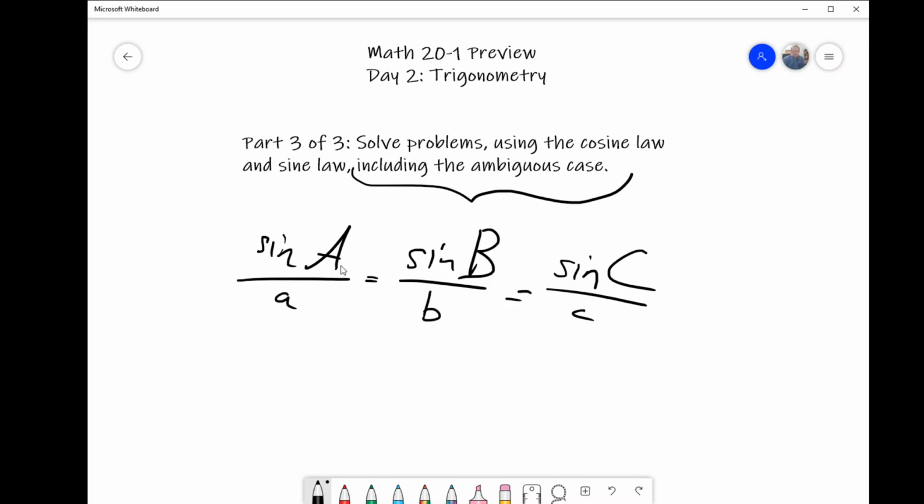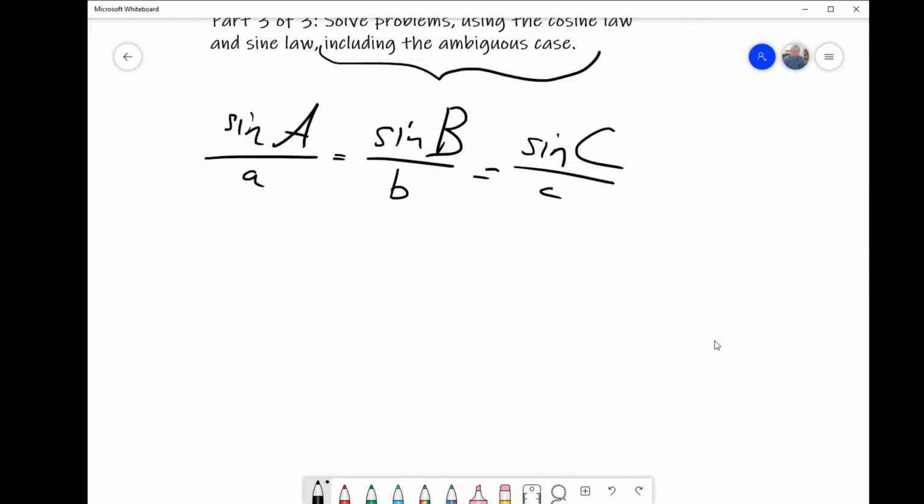Now, this ratio for one triangle will differ for the next triangle, but within a single triangle they hold, so we will be able to solve for various triangles using this information. And that is useful in the various cases.